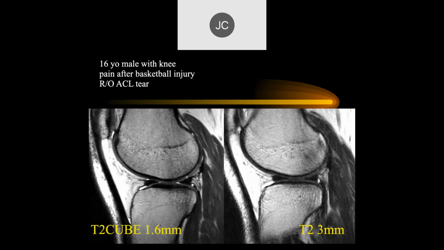Right. If we actually go to thin cut T2 cube techniques, which is a three-dimensional technique which allows us to get thin cuts with no skip, what we can actually see is that little defect in the articular cartilage, whereas in the thicker cuts where you have a 5 millimeter skip between them, we really can't see it.